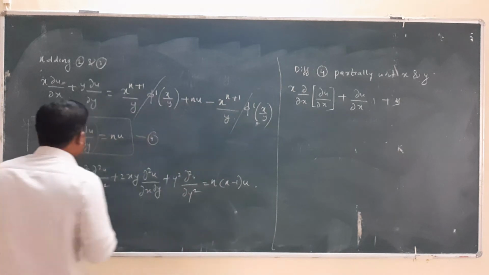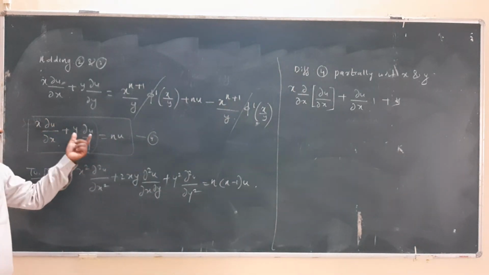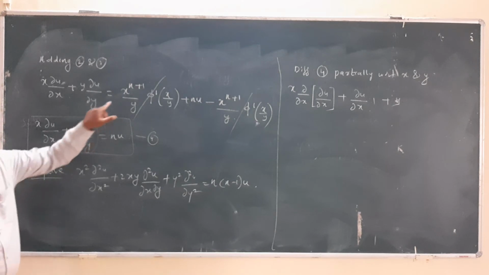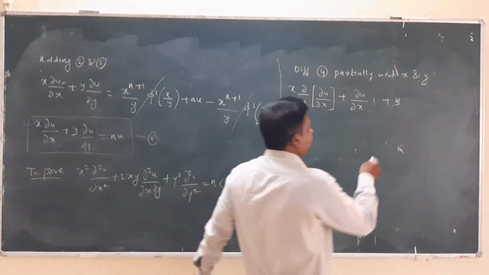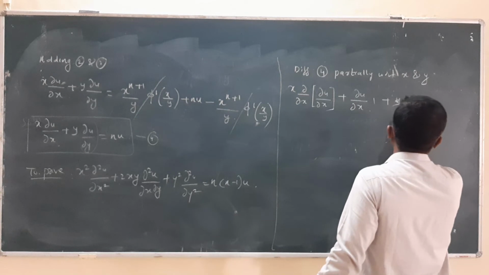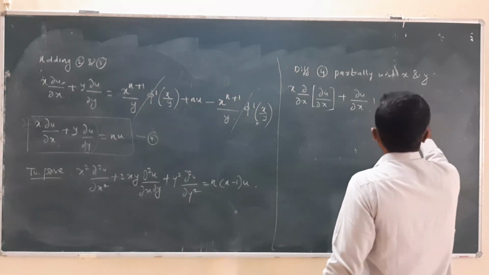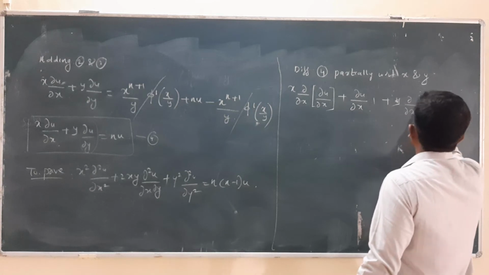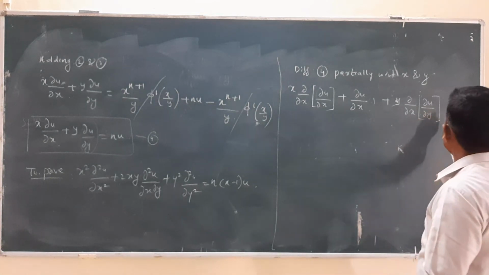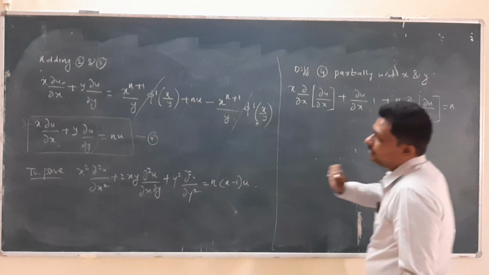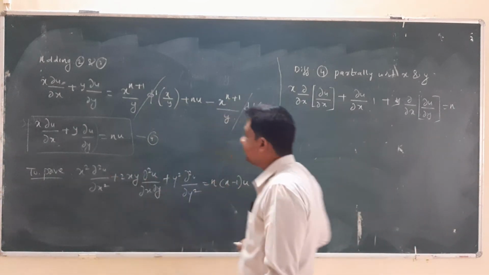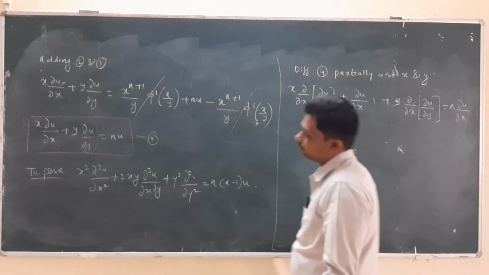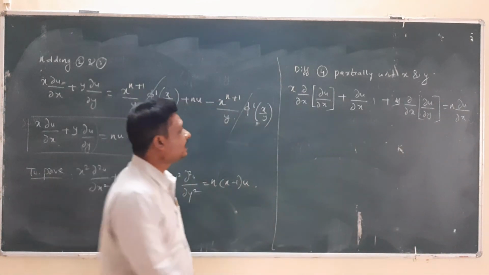So don't get confused. Here it is y, it is a function of y only. U is a dependent variable, u is a function of x and y. So therefore we have to differentiate ∂/∂x of ∂u/∂y, which is equal to n into derivative of u with respect to x, given by ∂u/∂x. Now I will simplify this one.